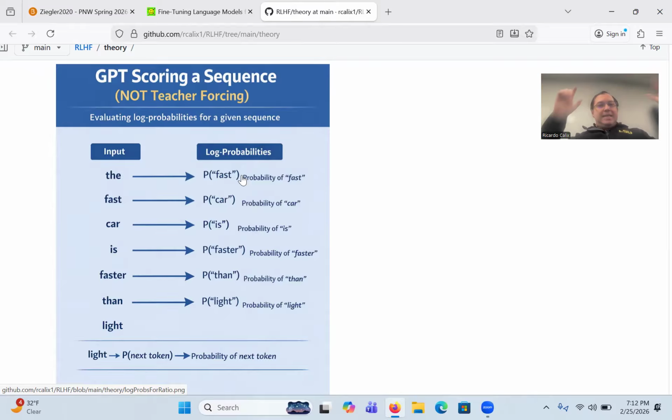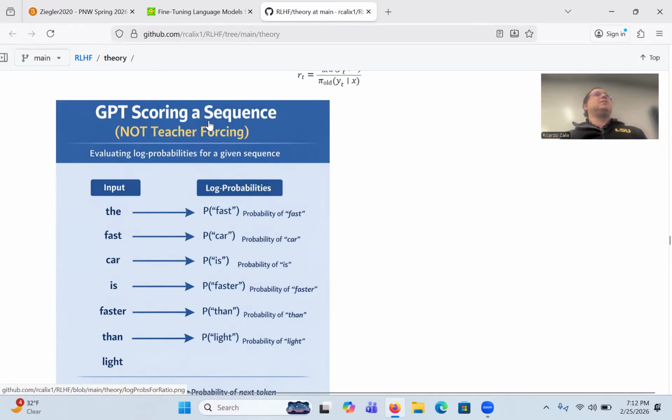So now you are looking at a way of calculating probabilities for a sentence. So essentially, the GPT can become a GPT scoring machine of sequences. Do you guys understand? Any questions?